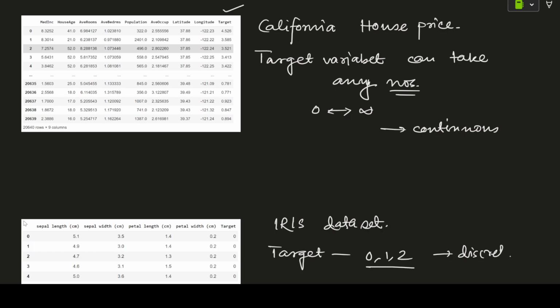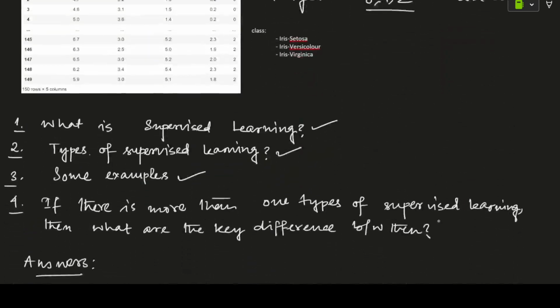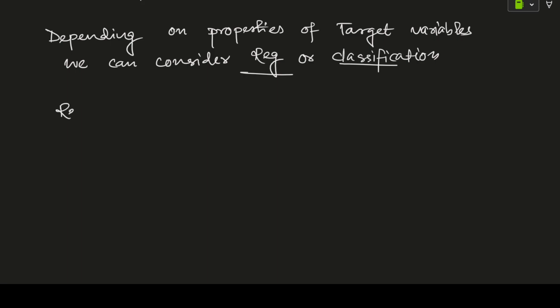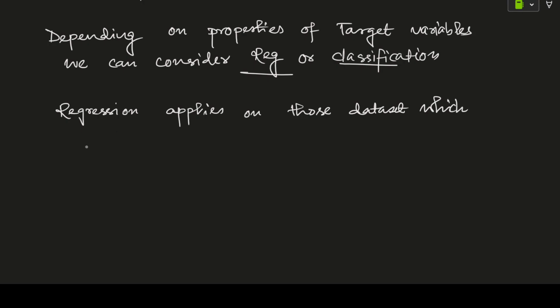So the basic difference between regression and classification is that regression applies on those datasets which have a continuous target variable.